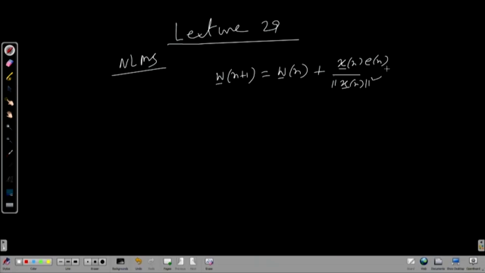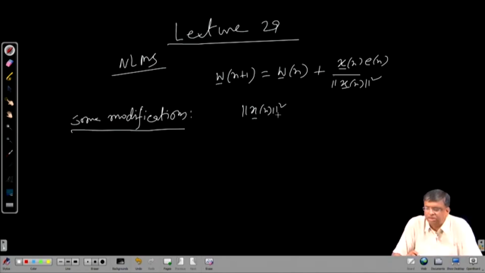Now, some modifications of this. Firstly, this norm square, suppose it is very small, that is, x(n) has very small valued data. That time we may end up with a division by 0 situation, because after all in a computer there is a finite precision system.